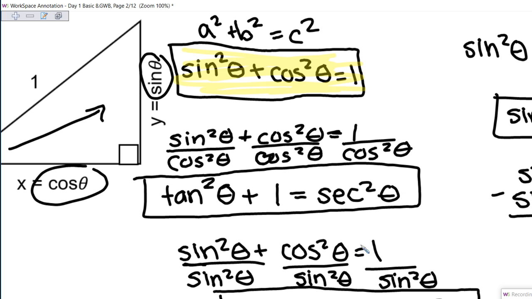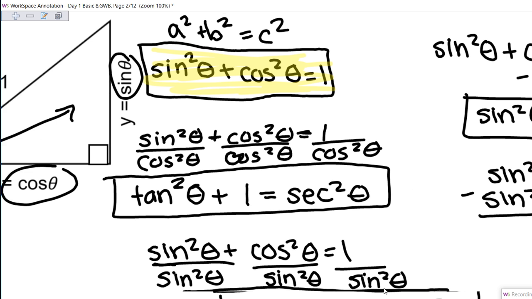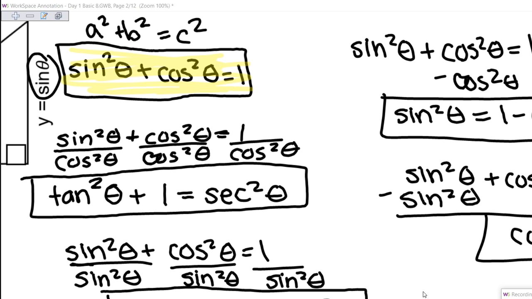Now looking at all of these identities, what do all of these identities have in common? They all have a 1, right? This one has a 1, a 1, a 1, a 1, a 1. What else do they all have in common?